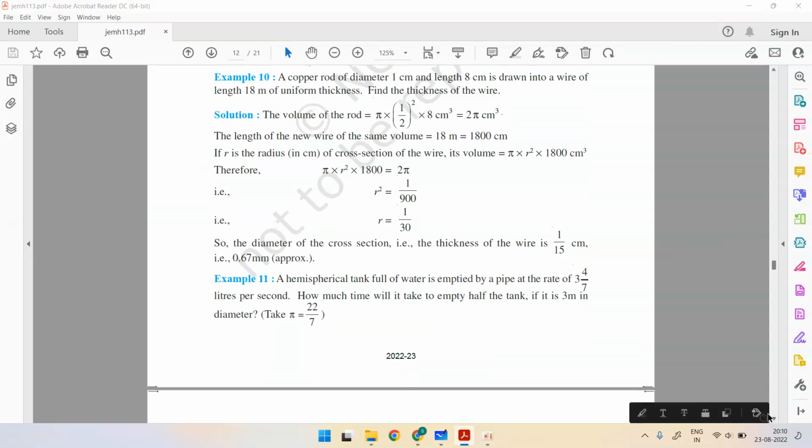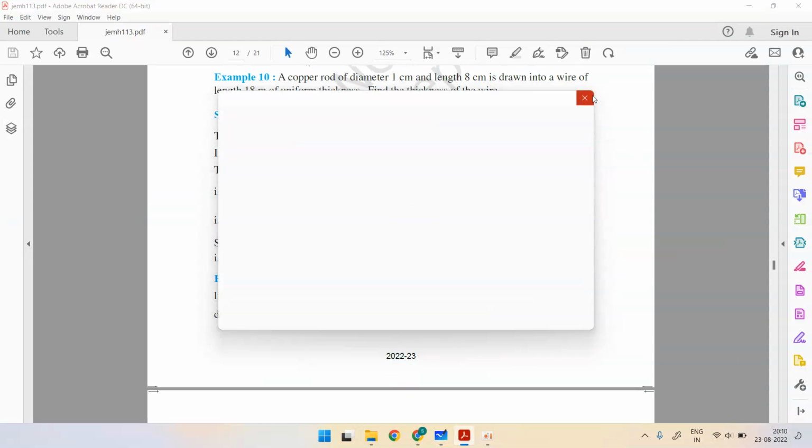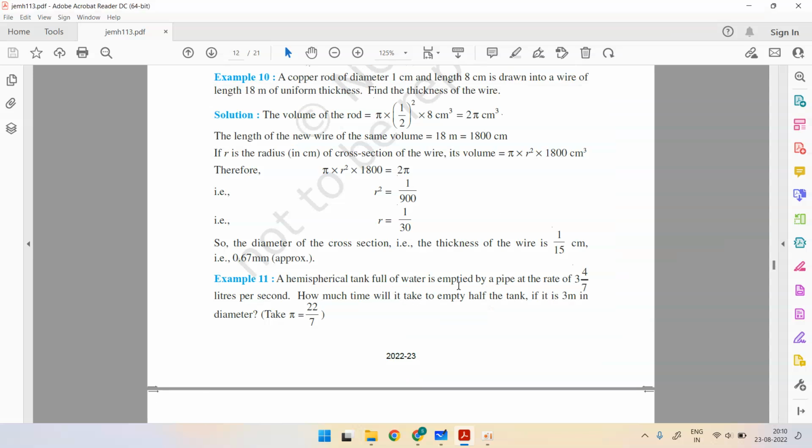Next, a hemispherical tank full of water is emptied by a pipe at a rate of this many liters per second. How much time will it take to empty half of the tank if it is 3 meter in diameter?